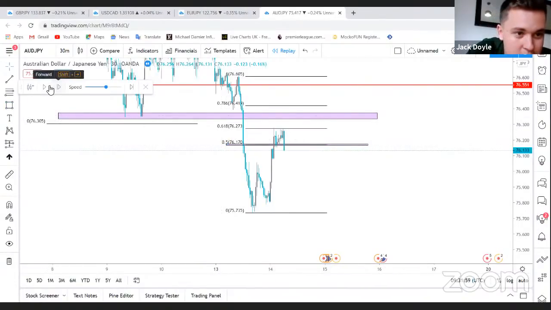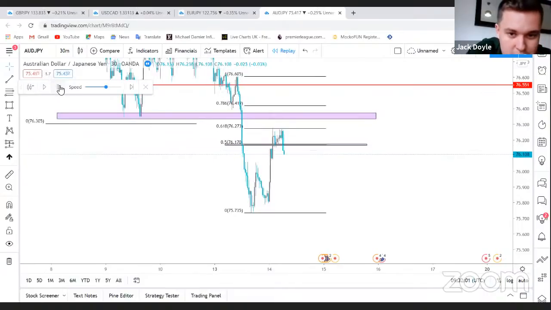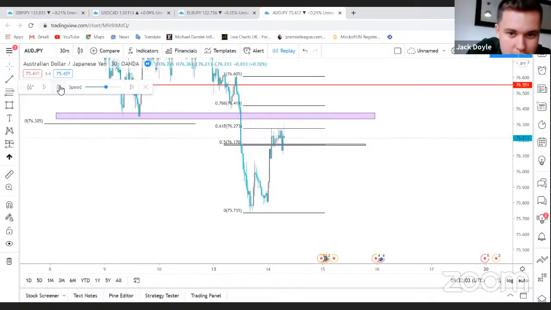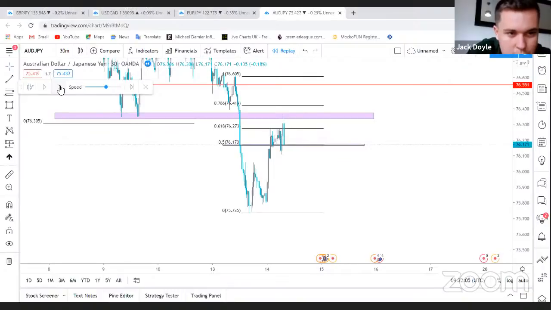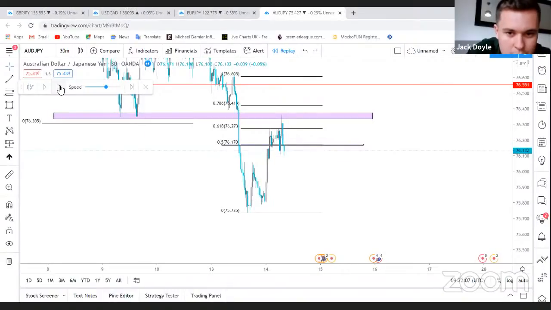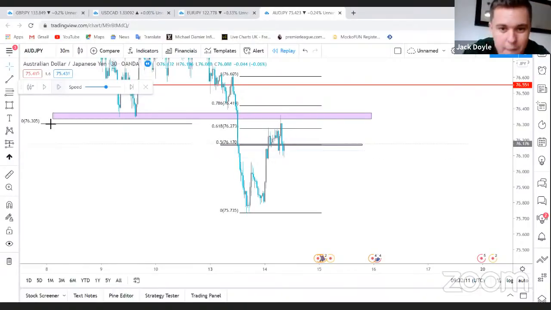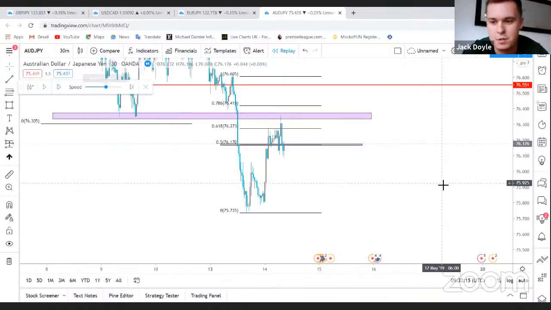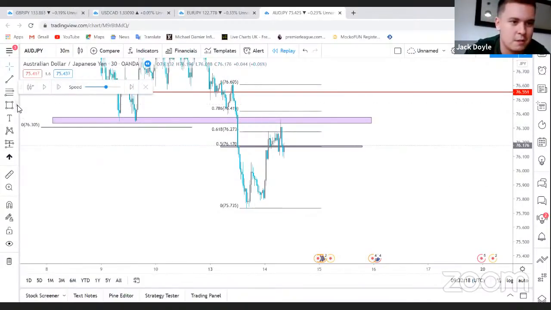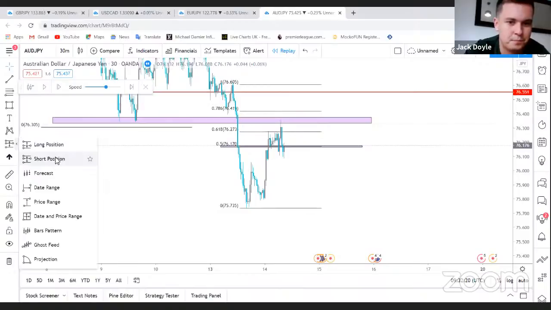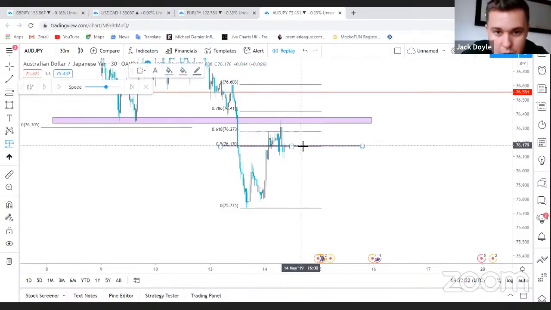Looks like it's completed the 6 minute one candle, right? Right, do you know what? I'll just go for this short position. Go for this one here.